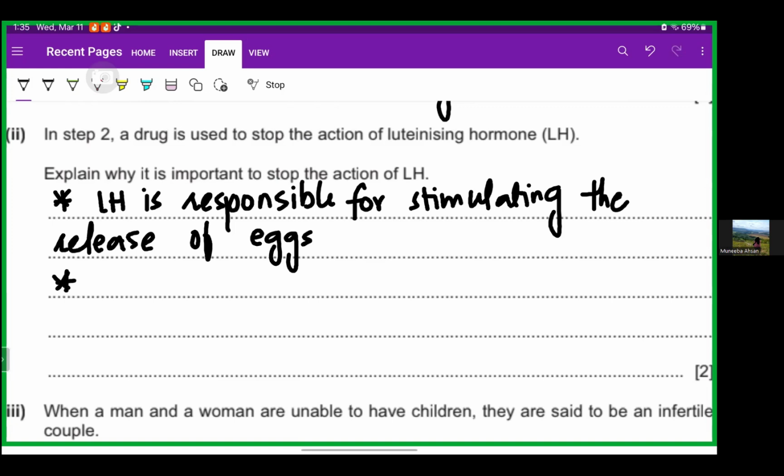Hence, eggs can be collected from the ovaries.